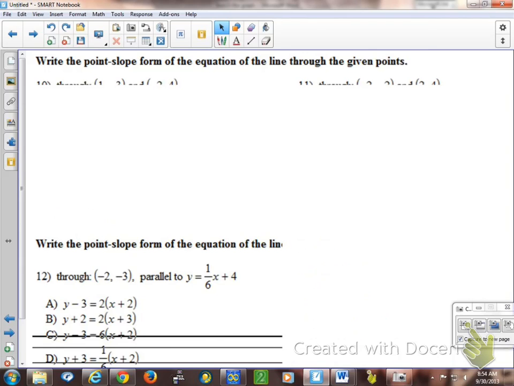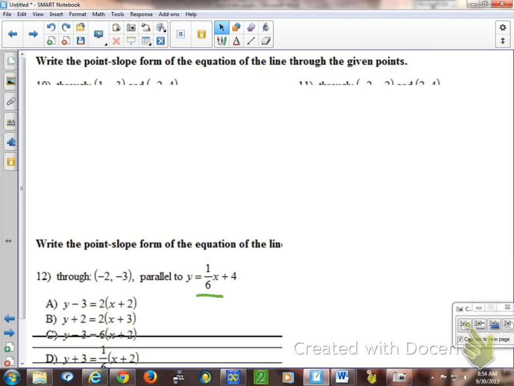If a line is parallel, what do I know about their slopes? Exactly. And what is the slope on that one? It's the number holding hands with the x. 1/6, that's right. Which means our line's going to have a point slope of 1/6.